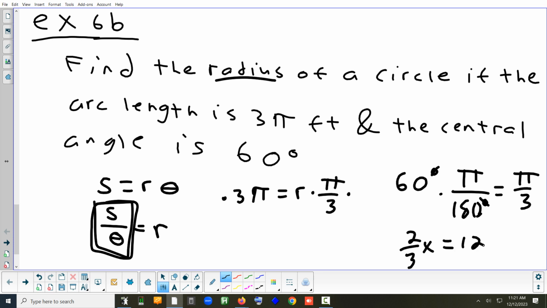If you have a fraction next to a variable, you want to get rid of the top and the bottom, you multiply each side, does anyone remember the name of that? By the reciprocal. So in this case, 3 over 2. In this case, 3 over pi. So multiply by 3 over pi. And when I do that, what cancels on the right? Pi's. Yep. And the 3's. Anything else that cancels in the problem?